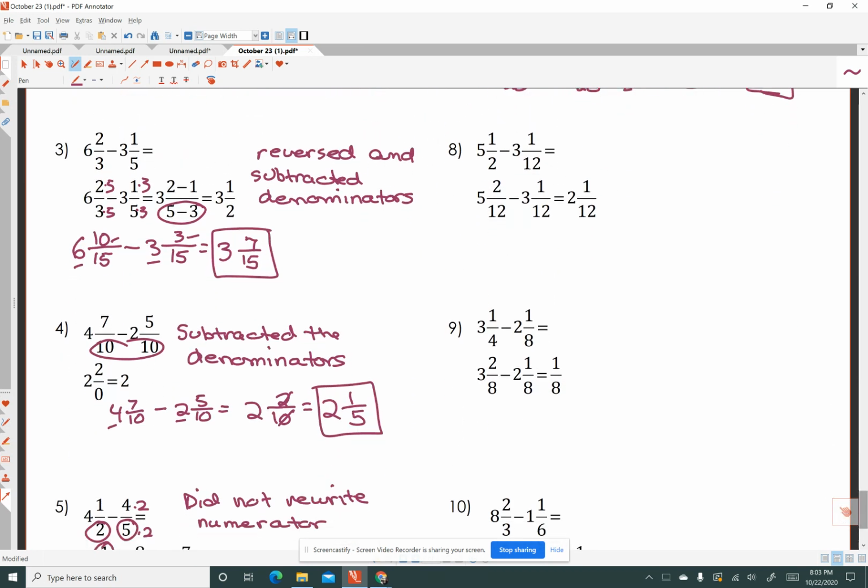Last 3 problems. So number 8. It looks to me that if 2 times 6 is 12, then this should be 1 times 6, which will be 6. So the numerator is incorrect.